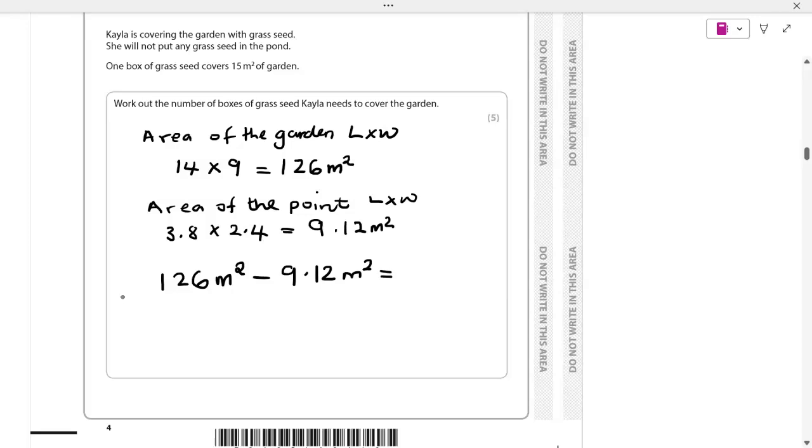If we put this in our calculator, 126 take away 9.12, that will give us 116.88 square meters.